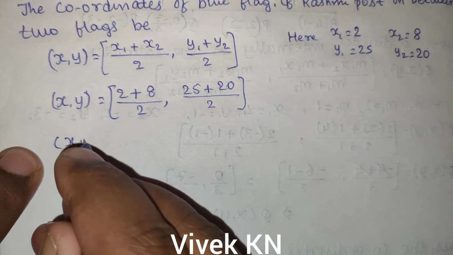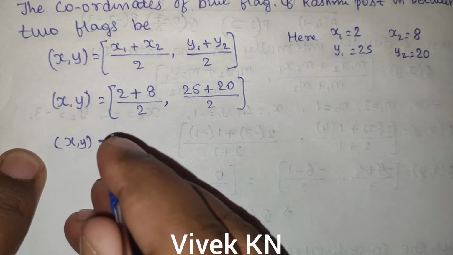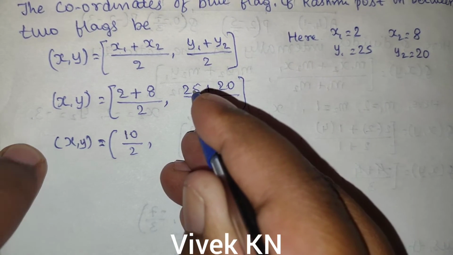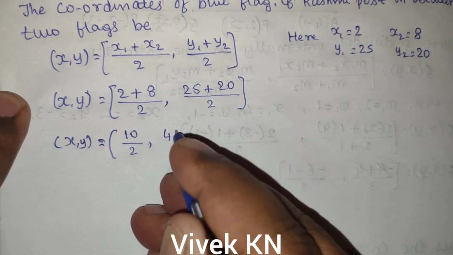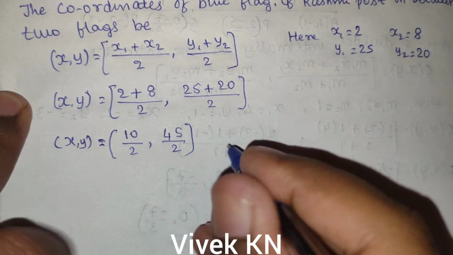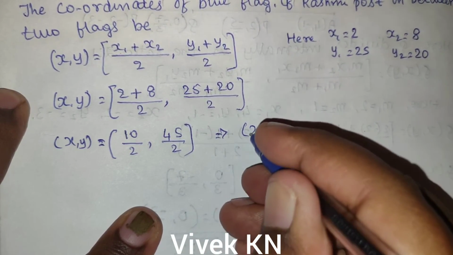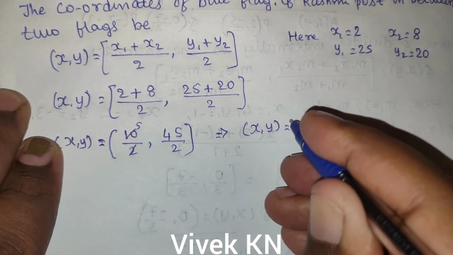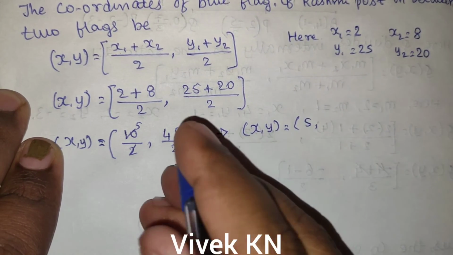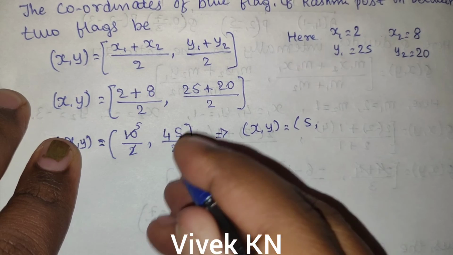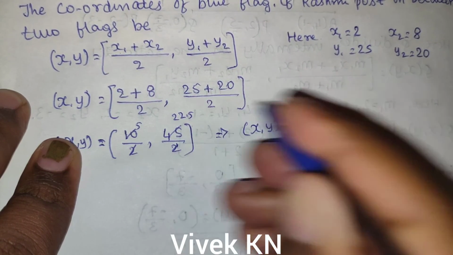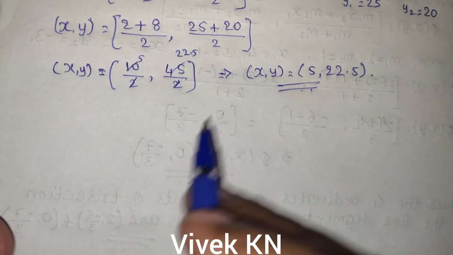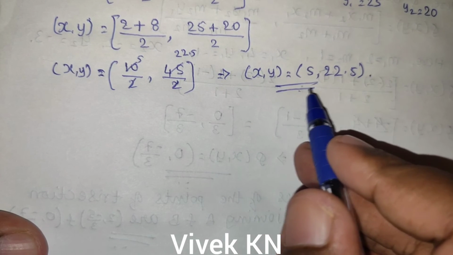That is x comma y is equal to 2 plus 8 is 10 divided by 2, comma, 25 plus 20 is 45 divided by 2. This implies x comma y is equal to 2 ones are 2, 5 twos are 10, so 5, comma, 45 divided by 2 is 22.5. This is the answer for the second part of the question.